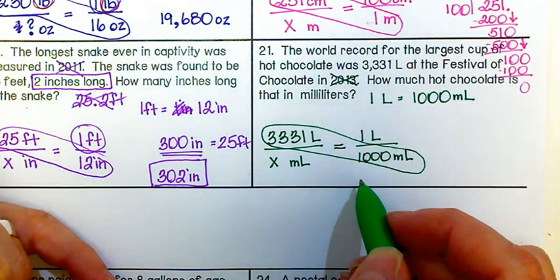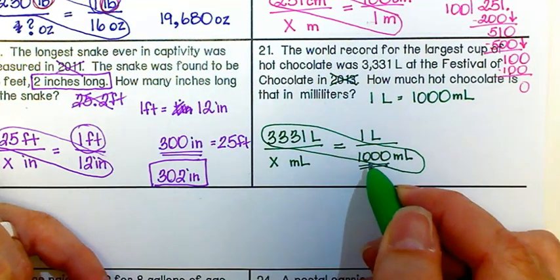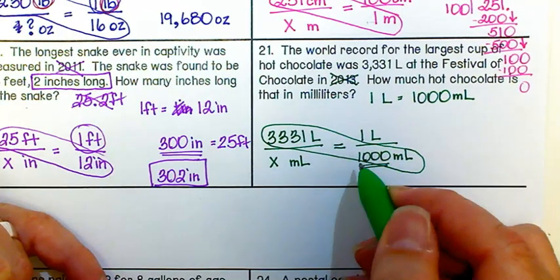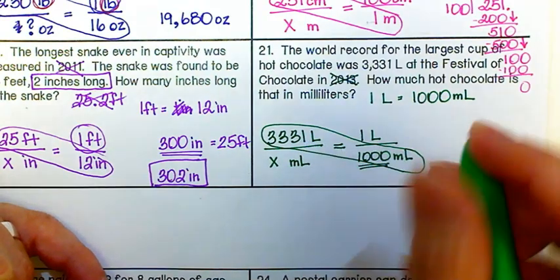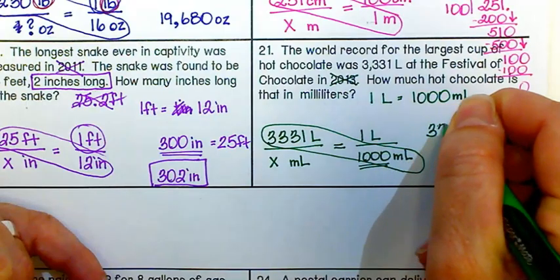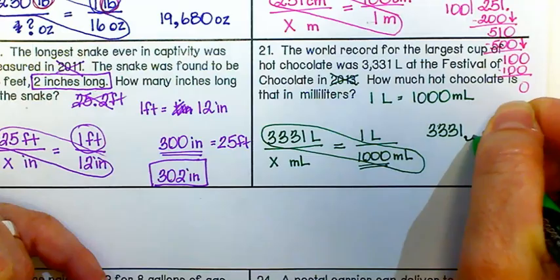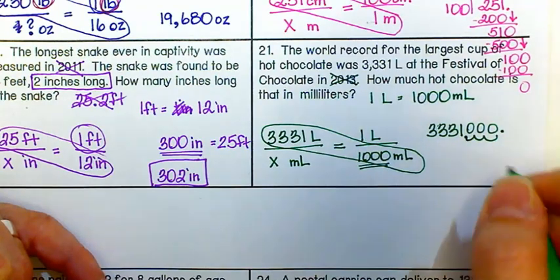3,331 times 1,000. I can do this with multiplication, but I know that when I multiply by an even 1,000, that's just taking my decimal and moving it 3 places because I have 3 zeros. My decimal is currently right here, so I'm just going to move. So 3, 3, 3, 1, and then I have to add 0, 0, 0, and now my decimal is here.